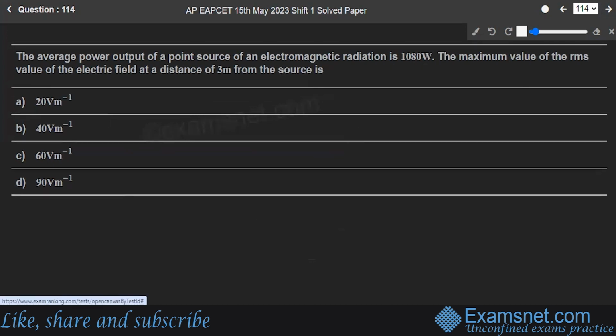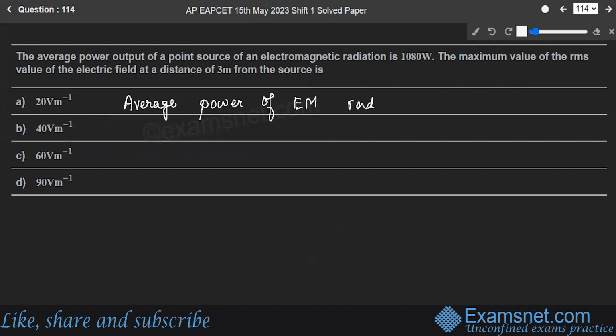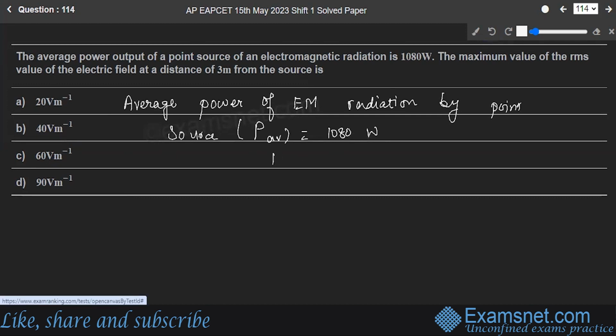So here you have that average power of EM radiation by a point source, that is the P average is 1080 watt. Distance R is 4 meter.